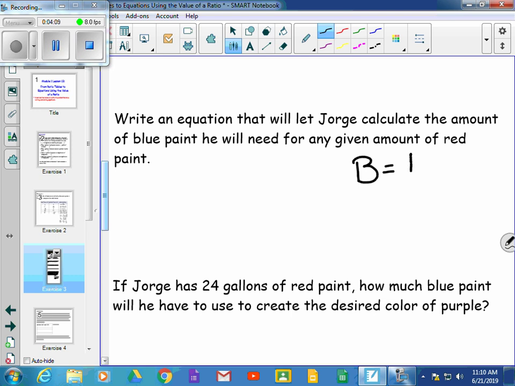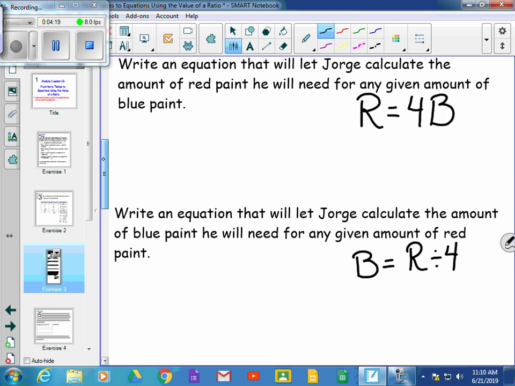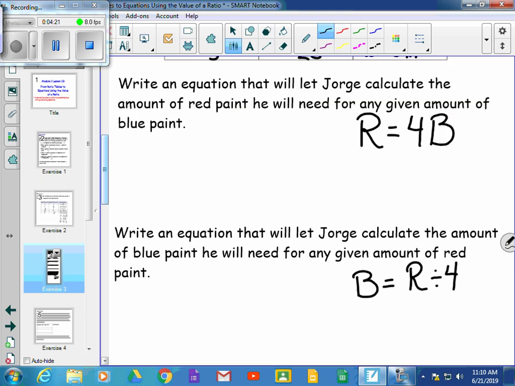We have to take the red paint and divide it by 4. And that will tell us how much blue paint he would need to mix with it. Notice in the first equation, we're finding red given the blue. In the second equation, we're finding the blue given the amount of red.